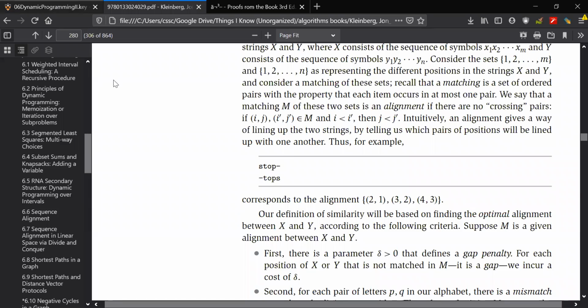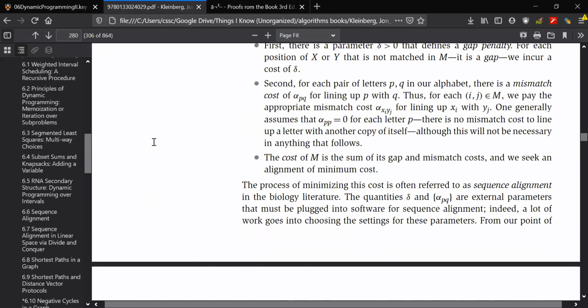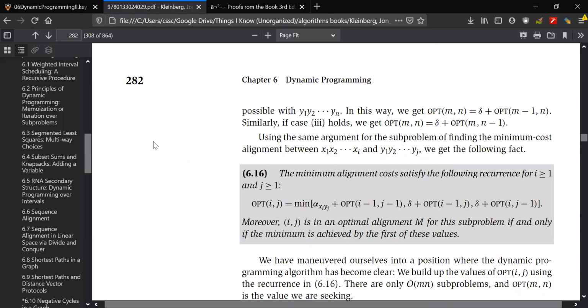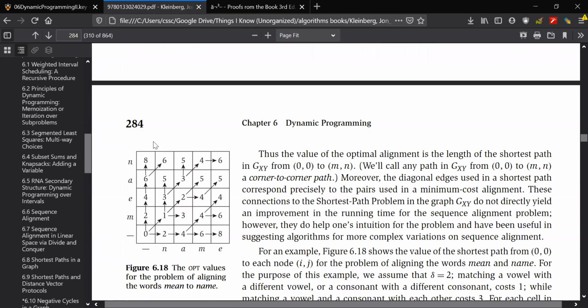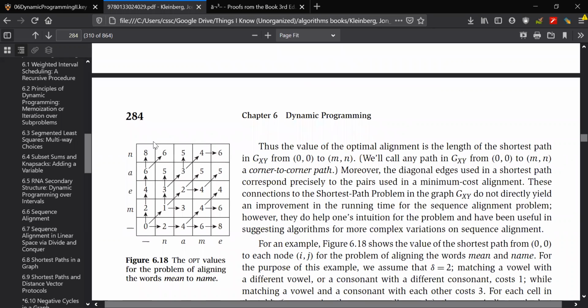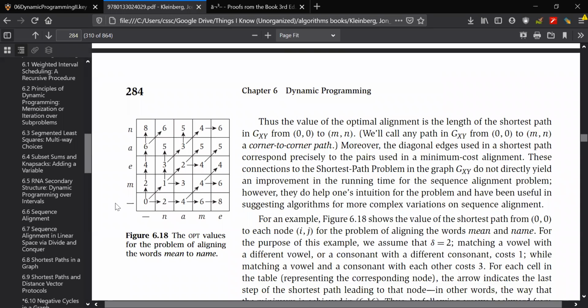So what this graph is doing is that they are looking at the minimum cost path. Can you see this figure 6.18? Yes.